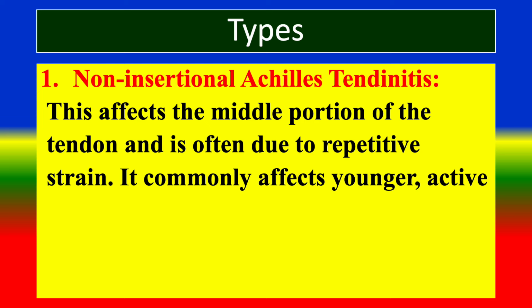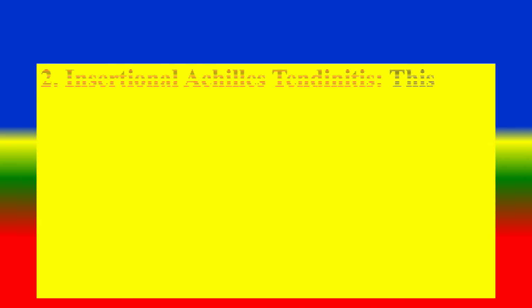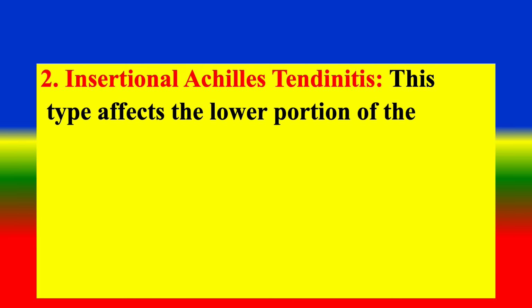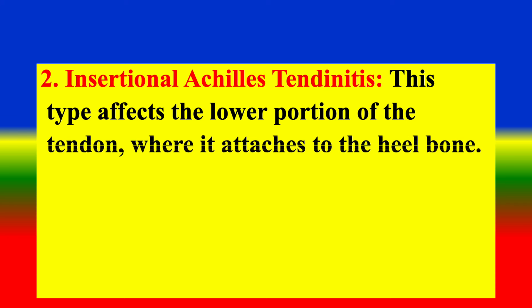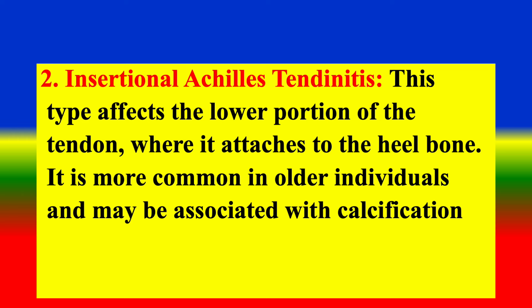It commonly affects younger, active individuals. 2. Insertional Achilles tendinitis. This type affects the lower portion of the tendon where it attaches to the heel bone. It is more common in older individuals and may be associated with calcification or bone spur.